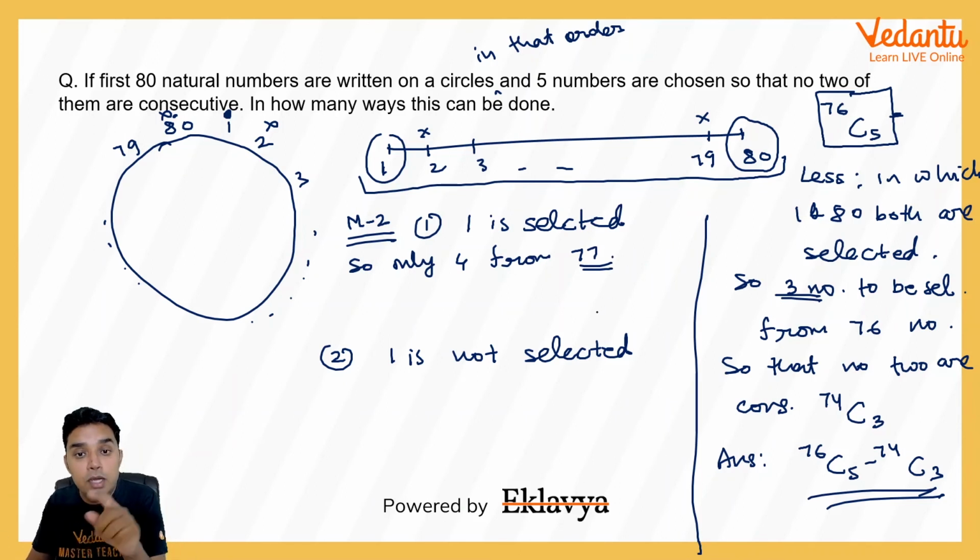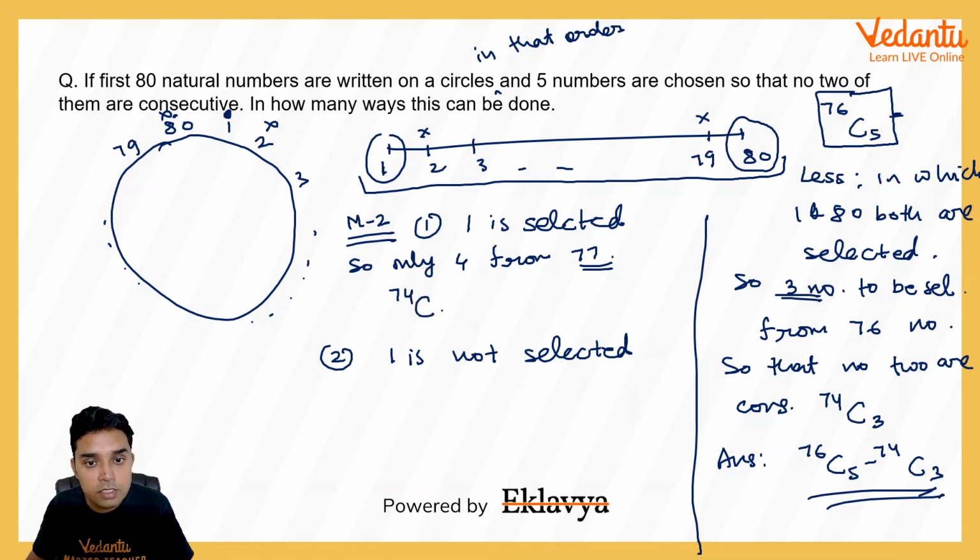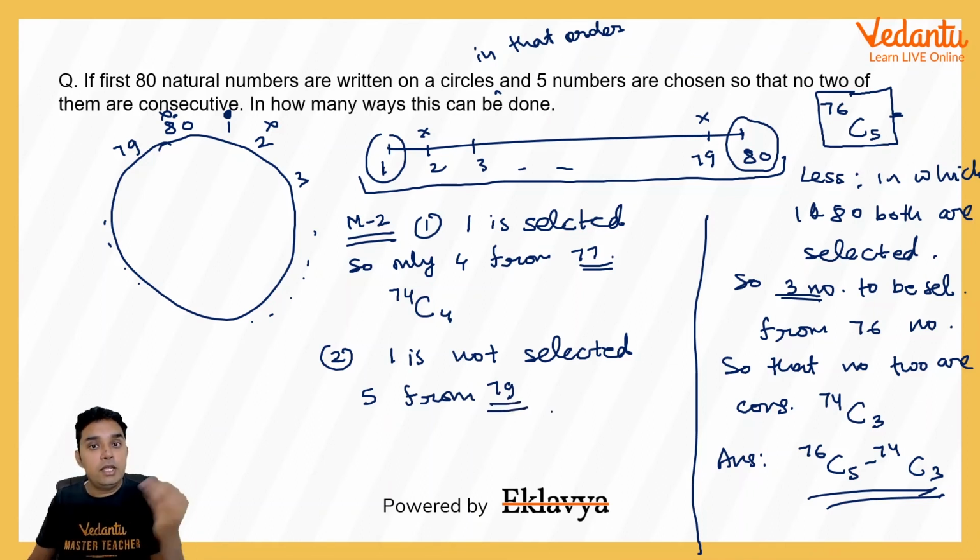If you understand my previous methods, here you will have 73 white chairs, so 74 gaps, 74C4 for this one. If 1 is not selected, then we are free to choose 2 also, and we are free to choose 80 also, but in this case 5 from 79 are to be selected, with the same condition that no 2 are consecutive.